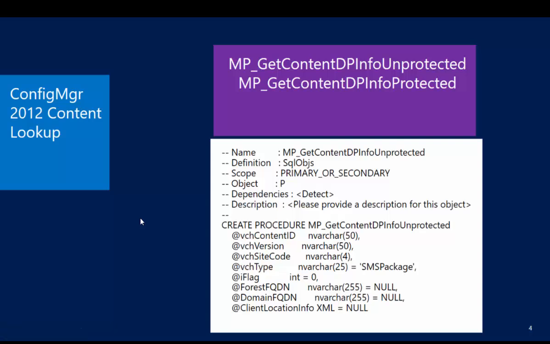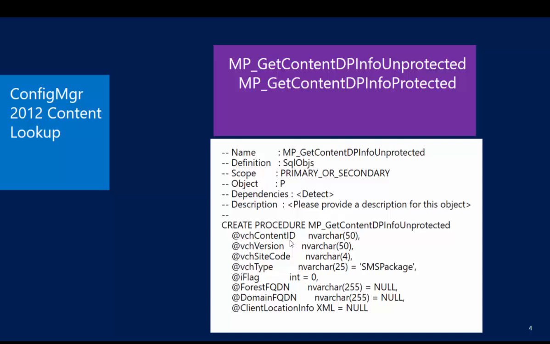I pulled off the header from the unprotected version of the stored procedure just to show you a snapshot of the kind of information that is sent into the management point, and that the management point sends on as part of executing the stored procedure. Things like the content ID, so this would be the package ID or the GUID that references the software update or an application.